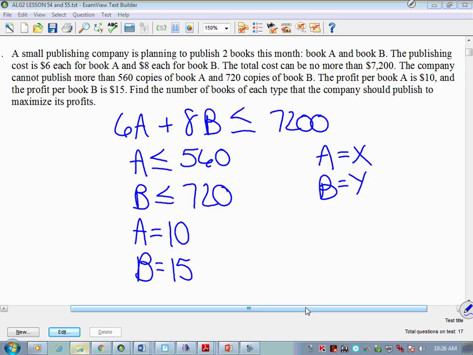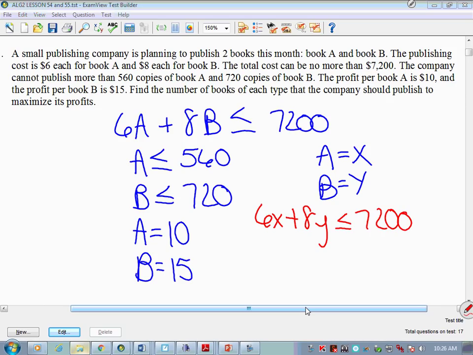Okay? So I'm going to rewrite this as 6X plus 8Y is less than or equal to 7,200. Okay? Now, could I take this and solve it so that it is an equation in slope-intercept form?